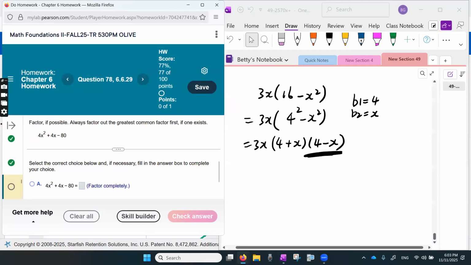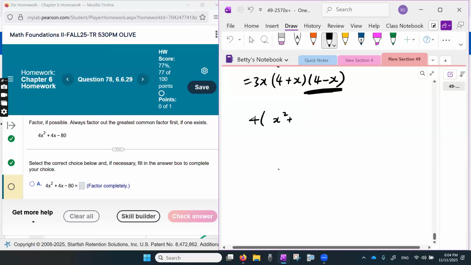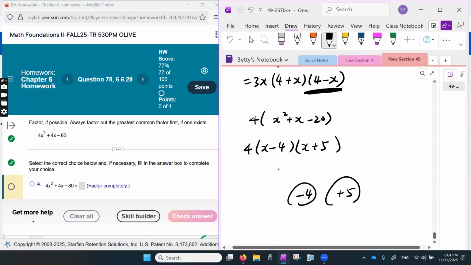This one, GCF first. Factor 4 out. We have x squared plus x minus 20. I hope you know how to factor this trinomial. X minus 4, x plus 5, right? Negative 4, positive 5. They multiply to negative 20, add up to positive 1.